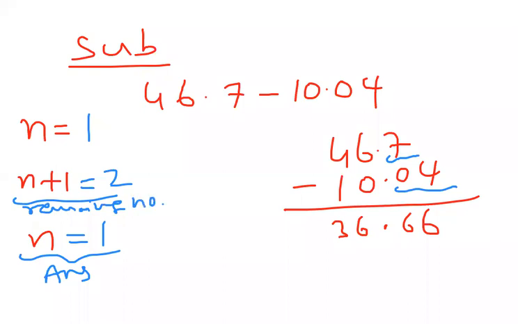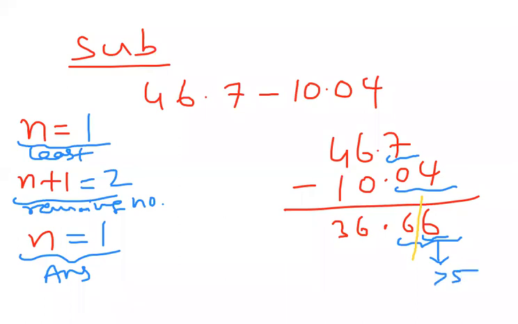Remaining numbers must have this many. This is least significant. So answer must be only one significant decimal. Remember, addition, subtraction, we have to observe only decimals. So here, what I got, we have totally 2, but we want only 1. Now we observe the last number is 6. This 6 is greater than 5.